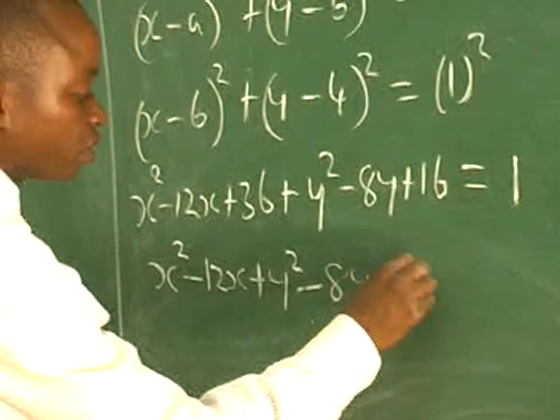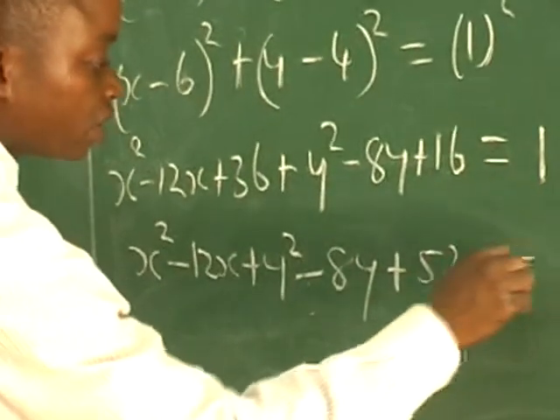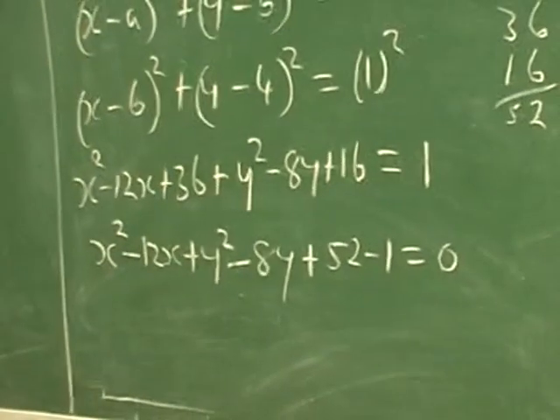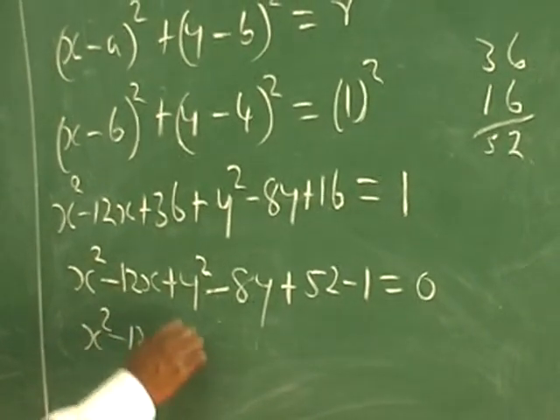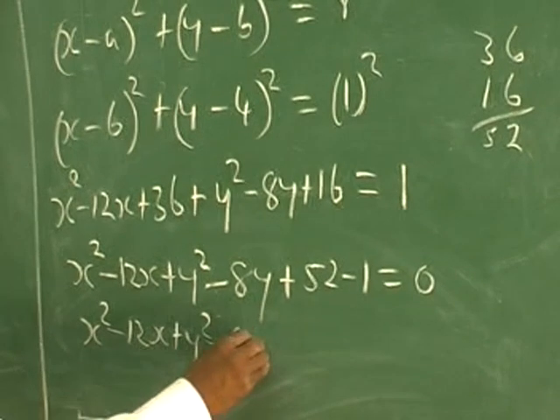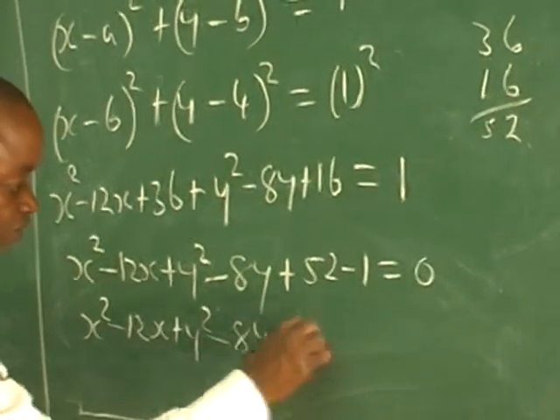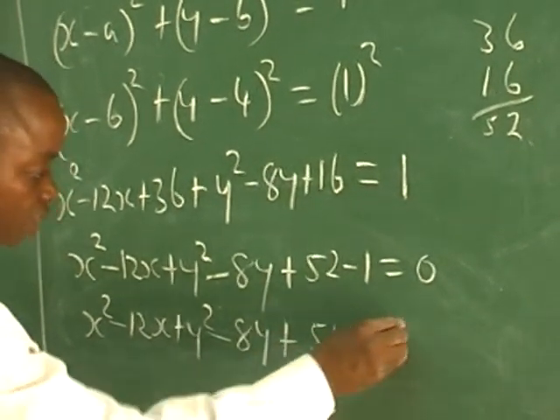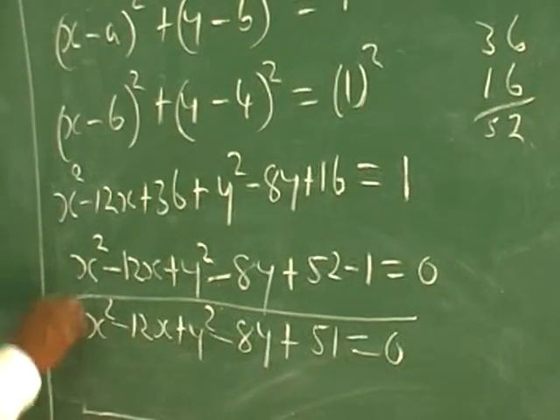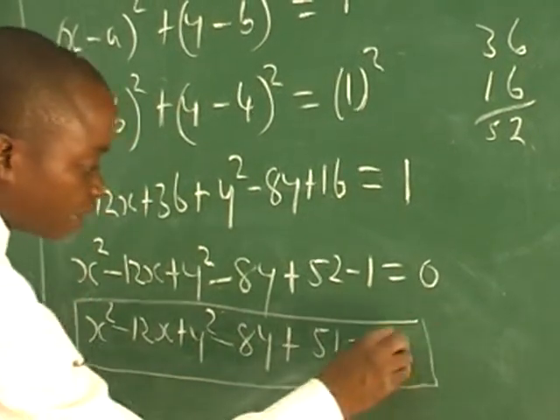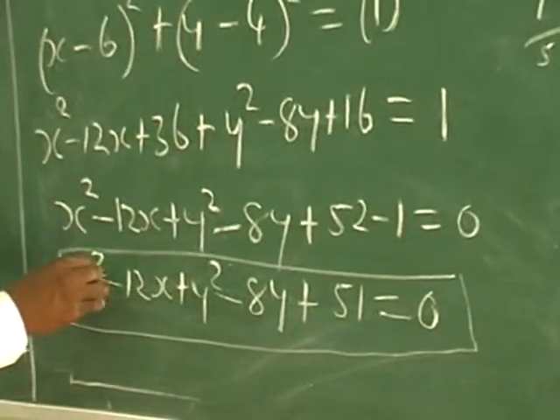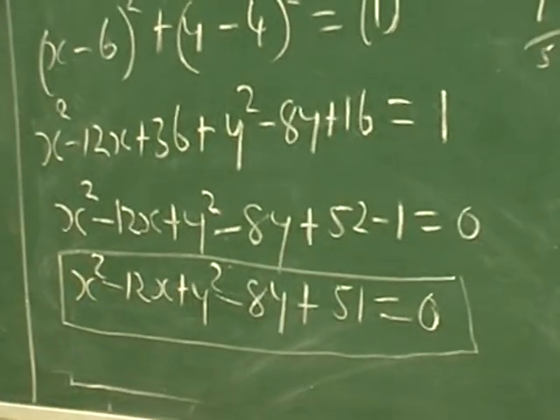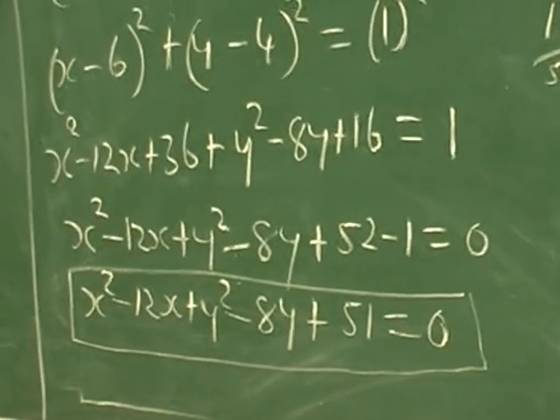We have plus 52 minus 1 equals 0, which means x squared minus 12x plus y squared minus 8y plus 51 equals 0 is the required equation that we were asked to find. So that is how we can find this equation if we are asked this type of question.